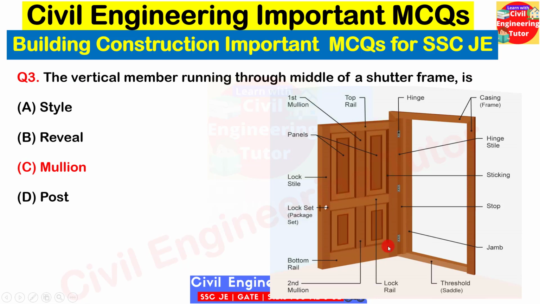You can see these horizontal members are known as lock rail or bottom rail or top rail, and then there are some vertical members. So here 2 shutter frames you can see, or 2 panels, and in between there is a vertical member running, that is known as mullion. Okay, so the correct answer will be mullion. So here other parts are also labeled. You can pause this video and check all other parts.